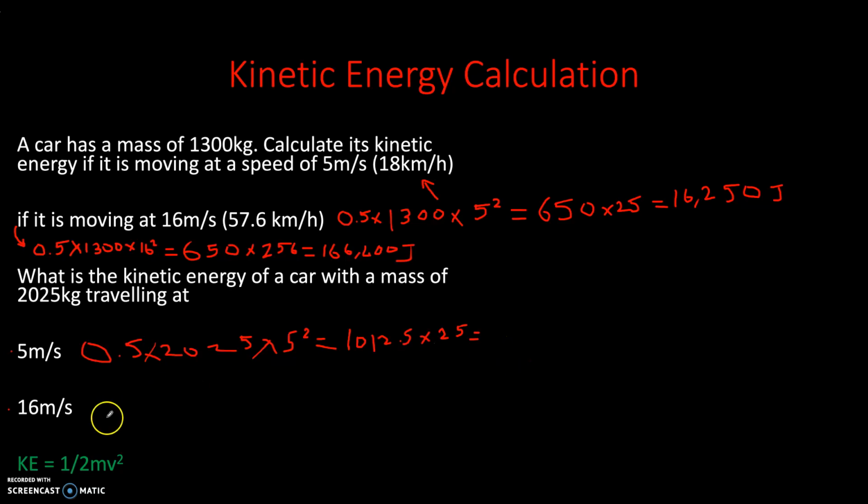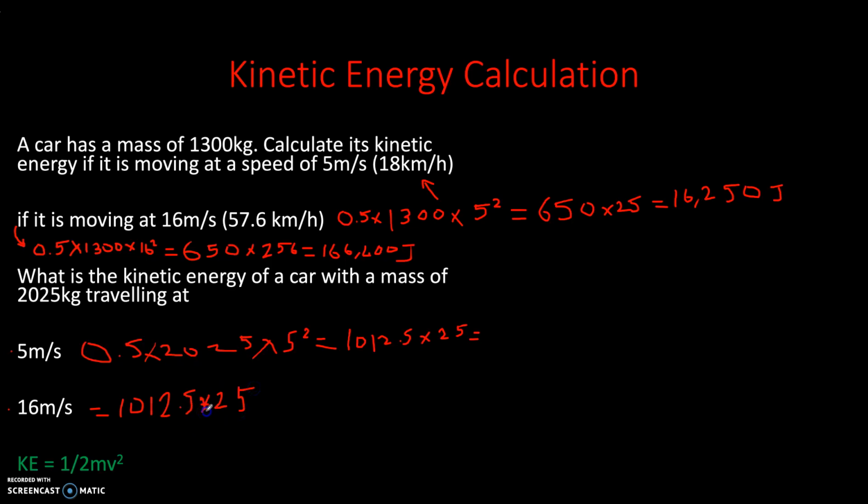Okay, let's do the next one. 16 meters per second this time. So we've got the same mass, so you're still going to have 1,012.5 for the first part of the equation, and this time we're squaring 16, which was 256.